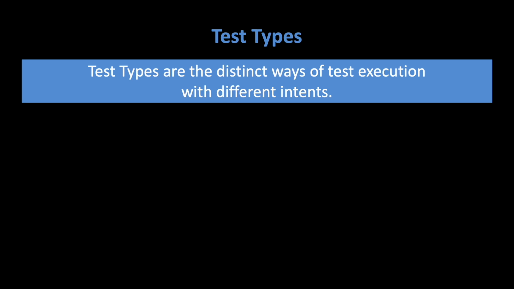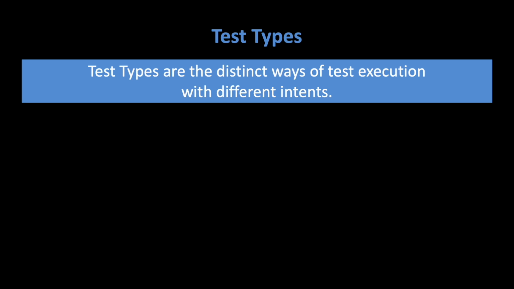And the last component of a test concept are the test types, which are distinct ways of test execution with different intents. Test types are distinguished by the other components of the test concept, so the test level, test methods, and the test strategy, and how the test specification is defined, which affects then also the test execution, of course.